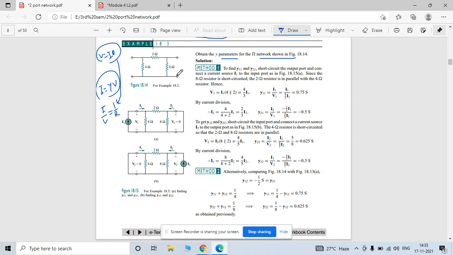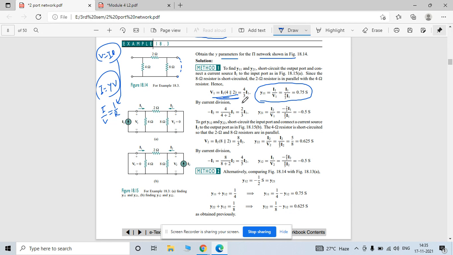So the same way, how to calculate this: the secondary terminal is short circuit. If the secondary terminal becomes short circuit, then this becomes redundant, so the 2 is in parallel with this 4, see the equation. Okay, and the same way you can find out all the parameters, try to solve it.